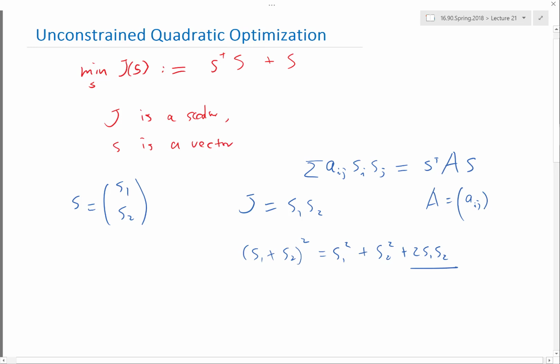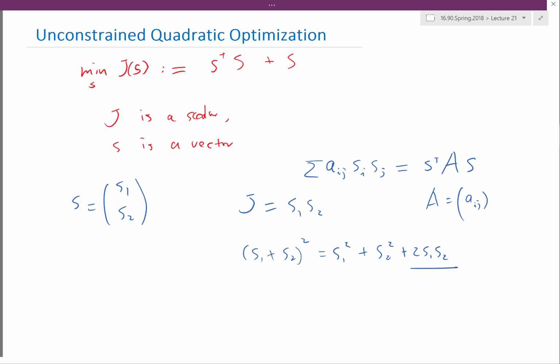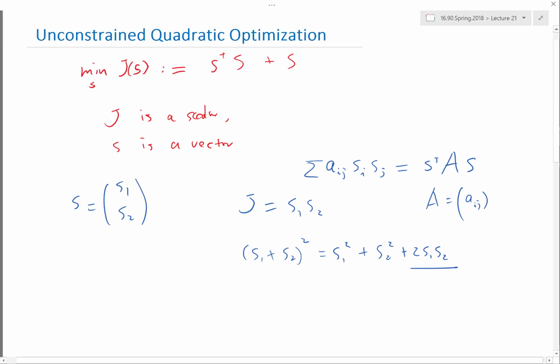So that is a general way to write a quadratic function in the vector space. So here the only modification I need to do is to insert a matrix A in between S transpose and S.